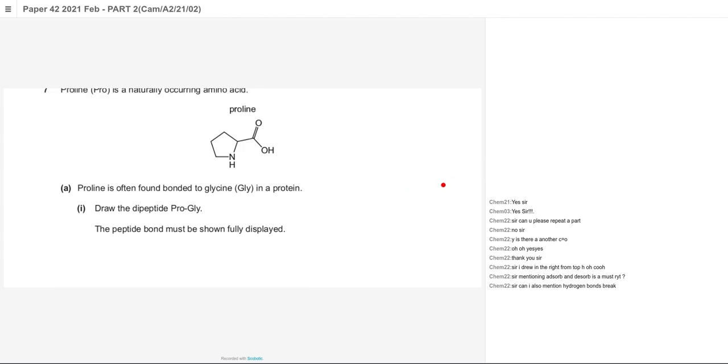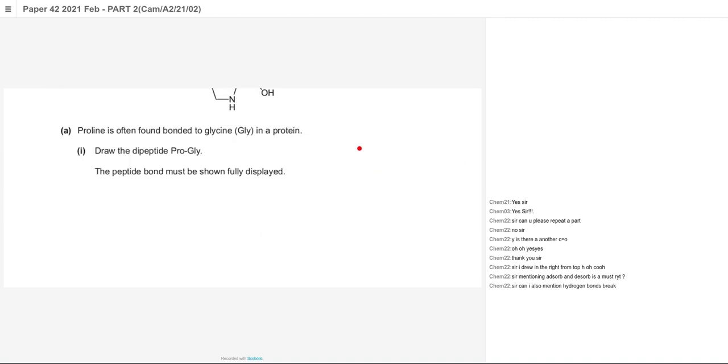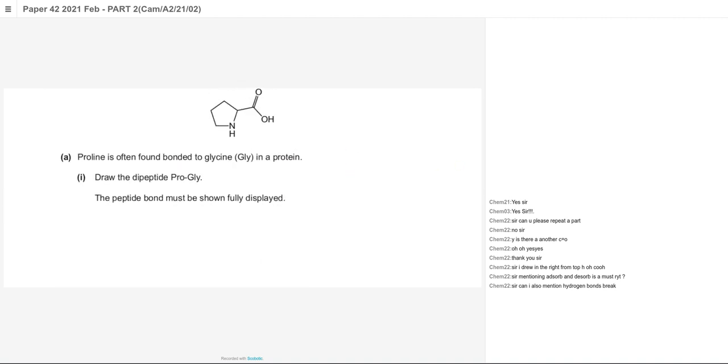So glycine, dipeptide, just two peptides. So you can draw the same molecule, proline here, and show the glycine, the amide linkage like this.